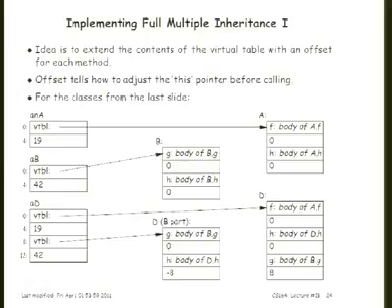The way that I'll do that, my layout for a D will be as if I have an A in front of a B, just an A concatenated with a B. I'll have both things, which means that I'll have two virtual tables. One for when I'm treating this as an A or as a D, and one for when I'm treating this as if it were a B.